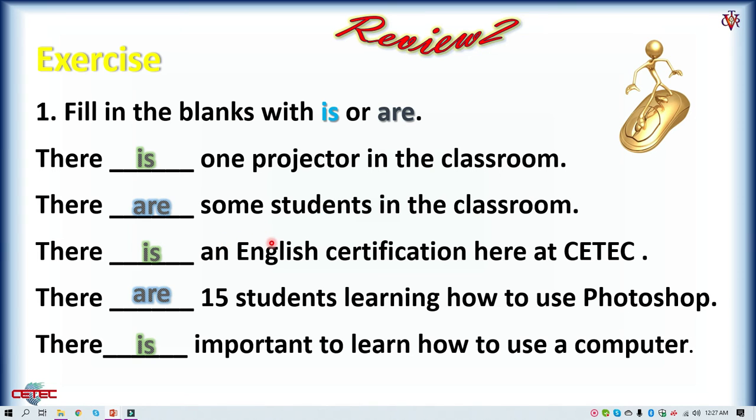An English certification, an vowel. 15 students, plural. Learning, here, important to learn, singular. So don't forget, that was review number 2. Check your answers.